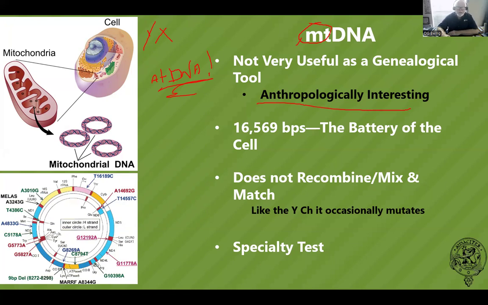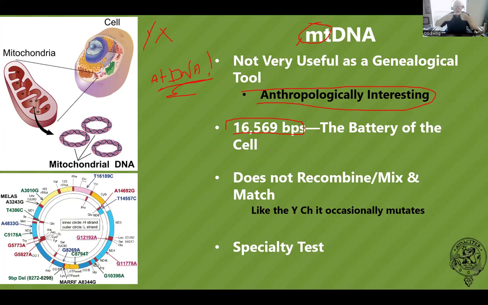It is indeed anthropologically interesting, and we'll see that in the next chart. It's not very big. There's only 16,000 base pairs. All right, base pair, ladder rungs, same thing. Base pairs meaning two bases that are connected, bonded to each other, which forms that rung.